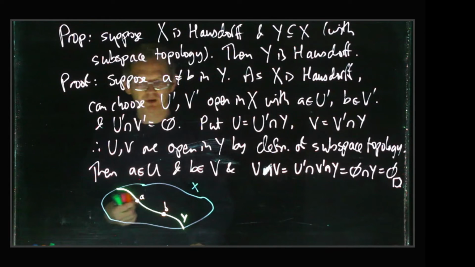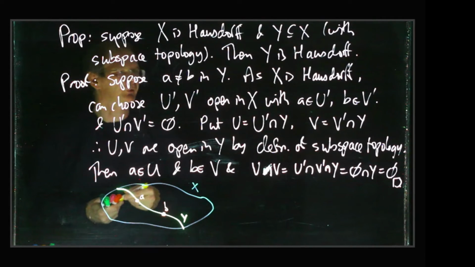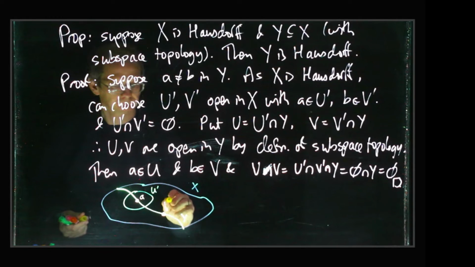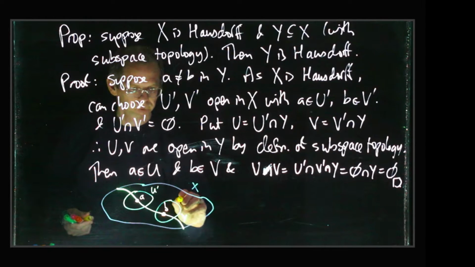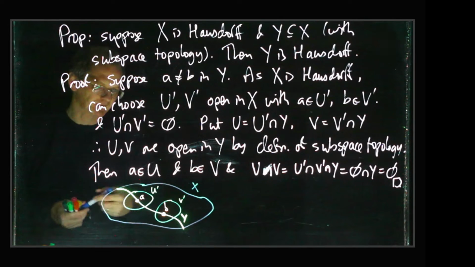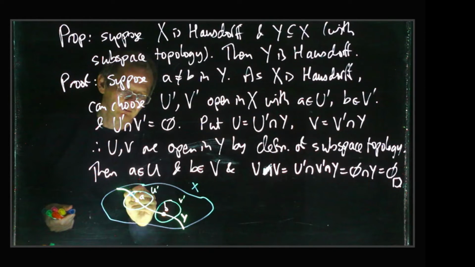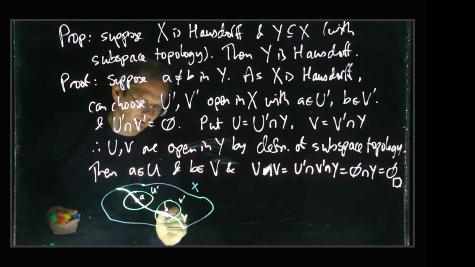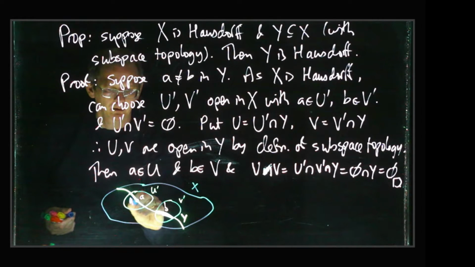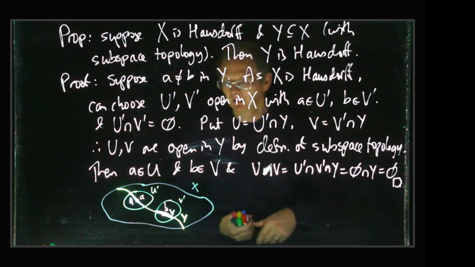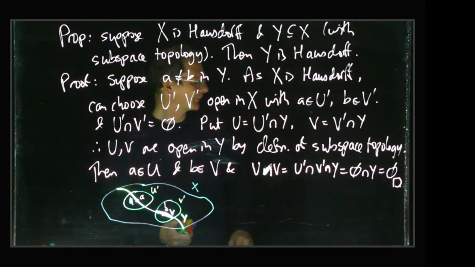Then you start by finding your U prime and V prime, which are kind of like this. And then your U and your V are just the intersections of those with Y, which are like this. So that's the proof that the subspace topology is Hausdorff.